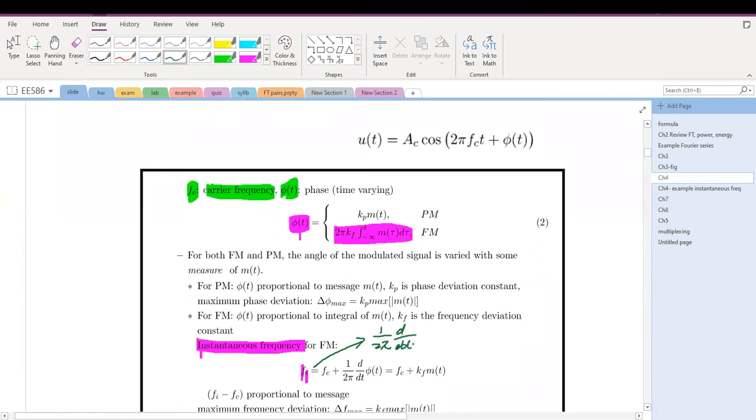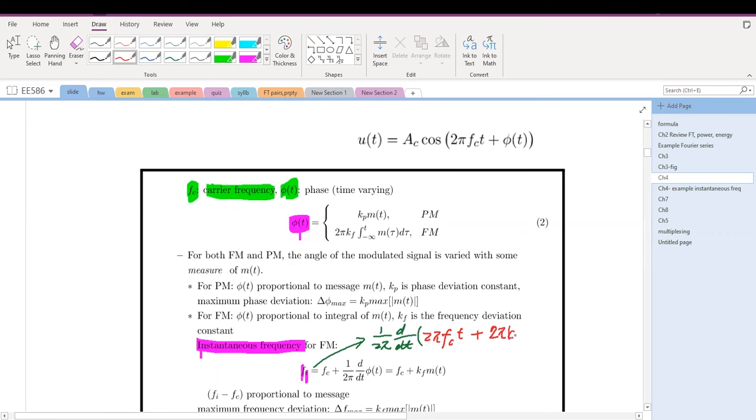We take 1 over 2 pi and the derivative of the angle, which is not phi(t) alone, but 2 pi fc t plus phi(t), because this whole thing is the angle for the cosine signal. If we want to find the frequency of a cosine signal, we look at the angle. So that equals 1 over 2 pi times the derivative of 2 pi fc t plus phi(t). I plug in phi(t) here.